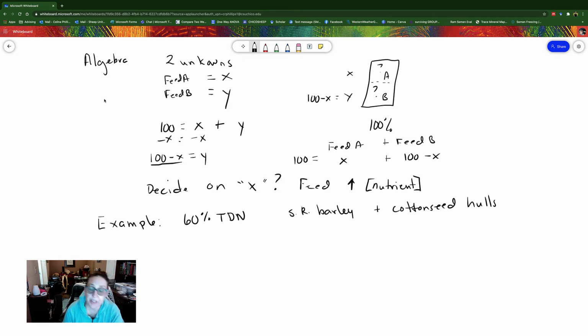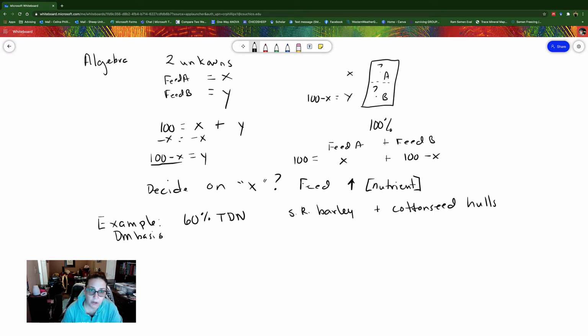The first thing that we need to understand is that all of these are on a dry matter basis. For this example, we're just solving everything on a dry matter basis. We're not going to be converting to as-fed or anything. But what we do need to know is the feed composition.